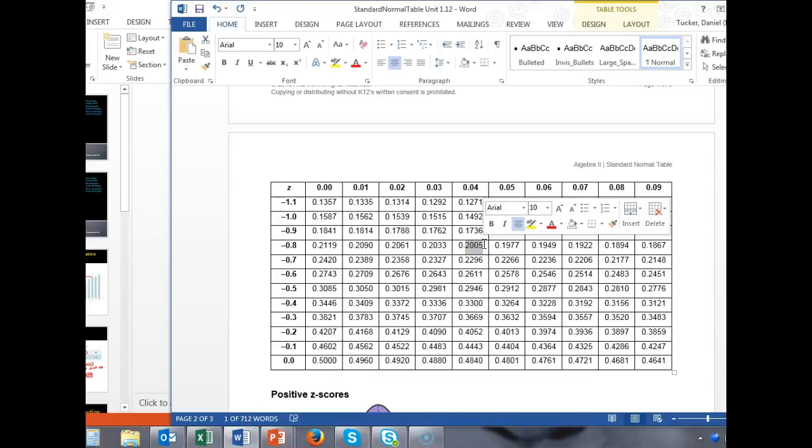It's only 5 hundredths above 20%. So that's the one I'm going to use. I'm going to go across here to negative 0.8 and then up here to the 0.04. So it's negative 0.804.